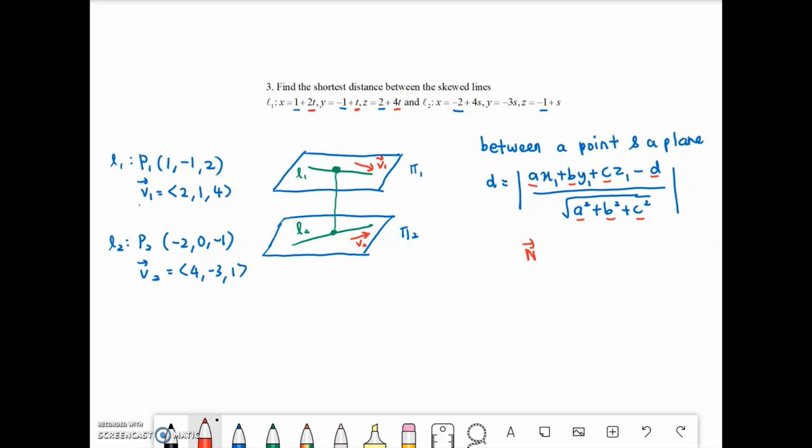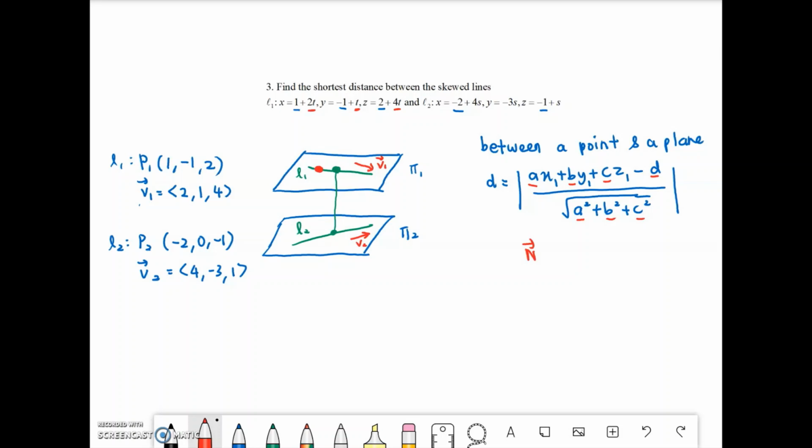So here, what I want to focus on is which point and which plane I want to use. For this problem, I want to choose the point from plane 1.